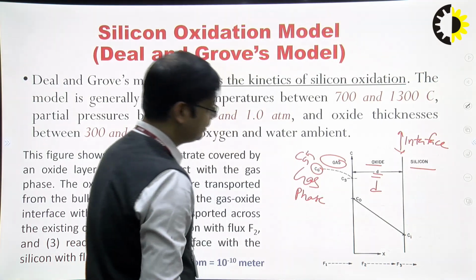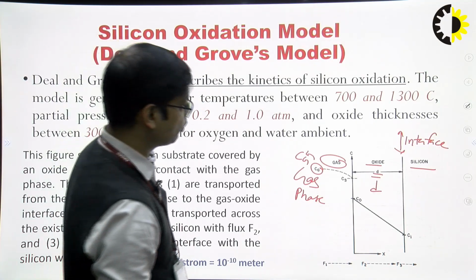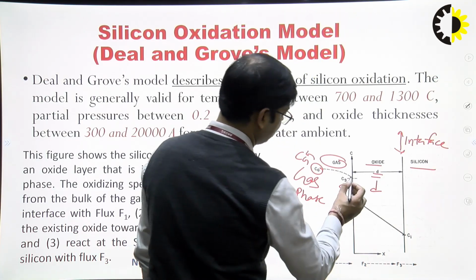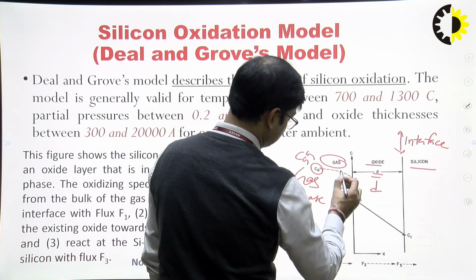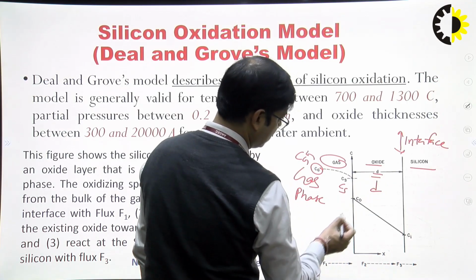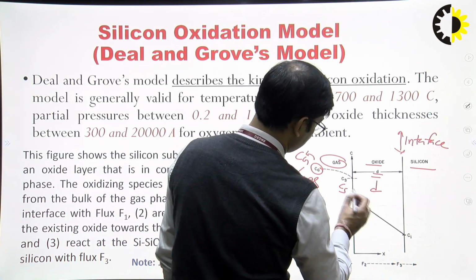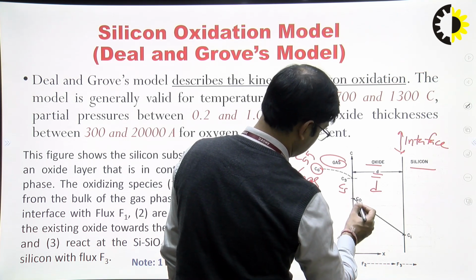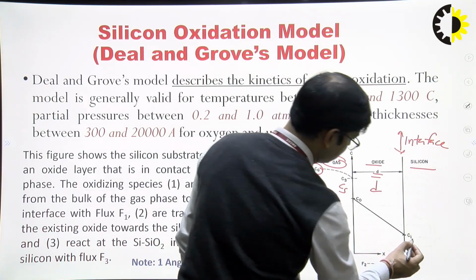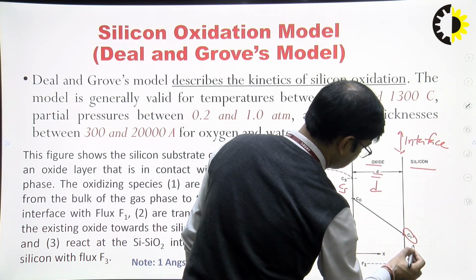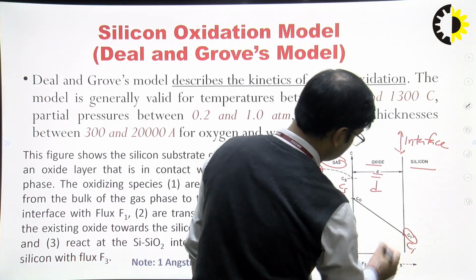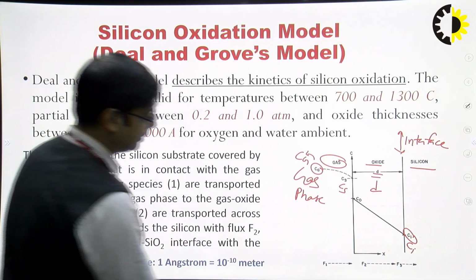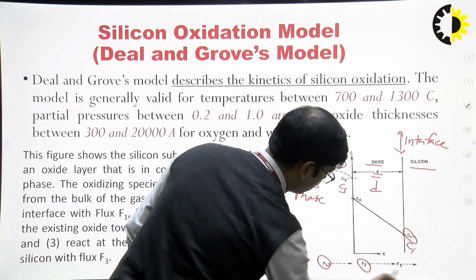Cg is the concentration in the bulk of the gas. Cs is the concentration at the gas oxide interface. C naught is the concentration of the oxide at the interface of gas and oxide. Ci is the concentration at the interface of silicon and silicon dioxide. Okay, further we have three kinds of flux, F1, F2 and F3.